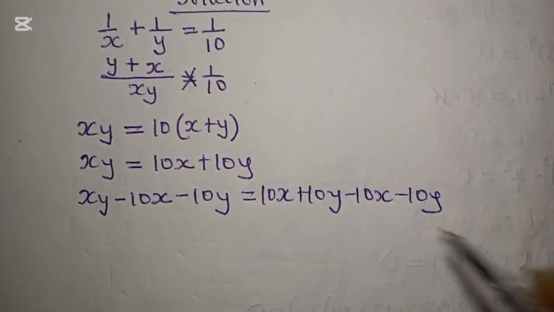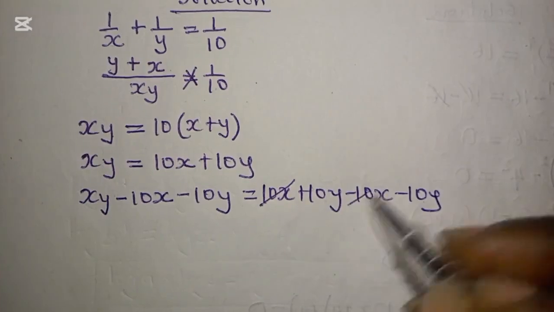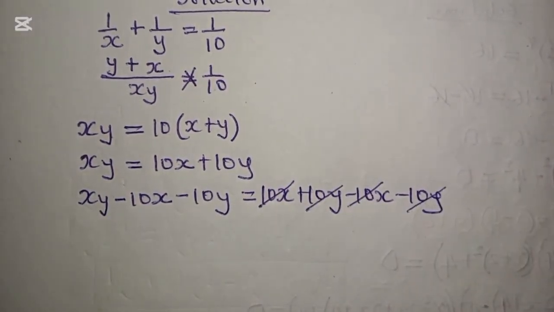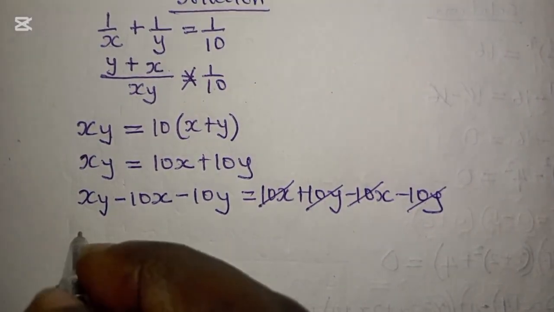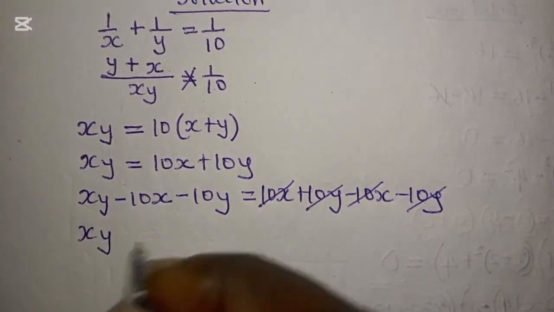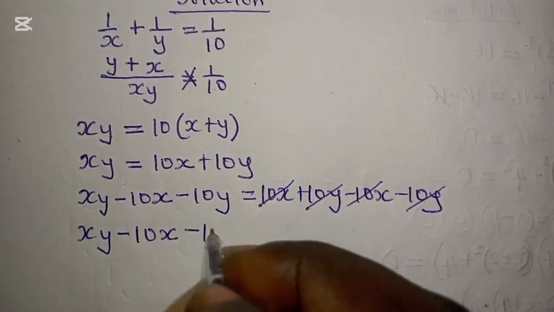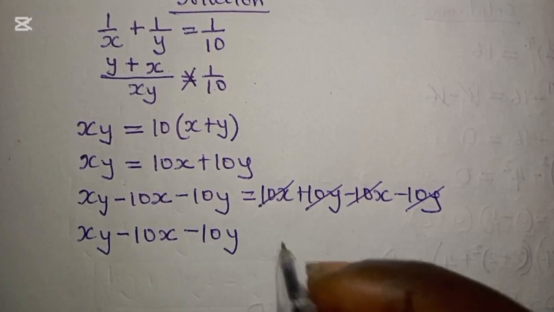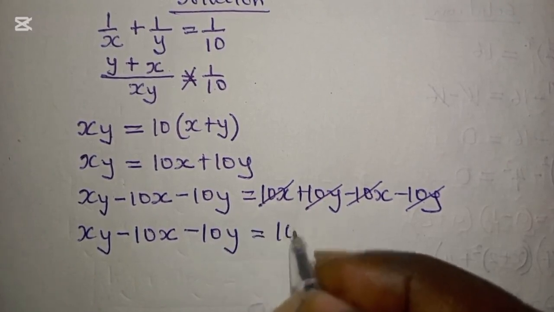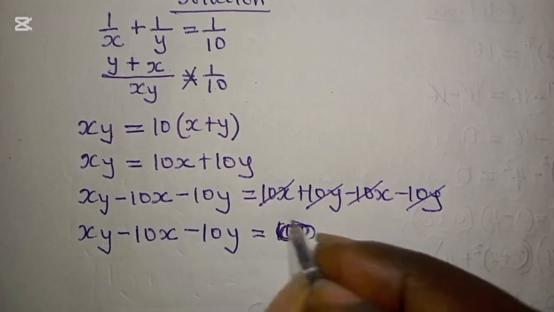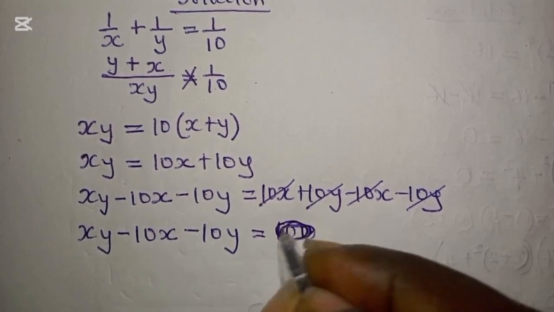So 10x minus 10x cancelled, 10y minus 10y also cancelled. So we have xy minus 10x minus 10y equals 0.